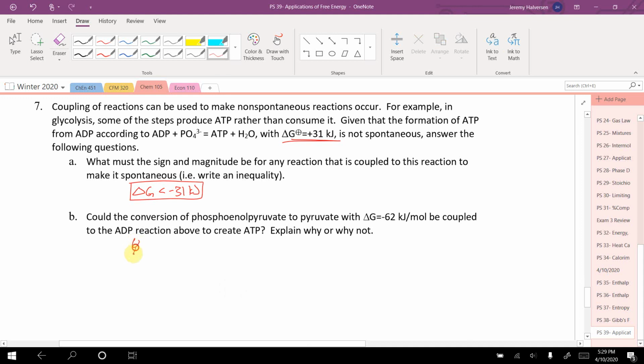Absolutely, yes, because positive 31 kilojoules plus negative 62 kilojoules equals negative 31 kilojoules. So that would become spontaneous.